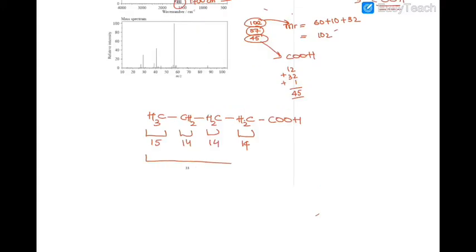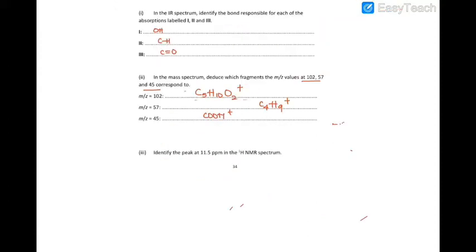If we add these together, we get 57. So the peak at 57 might be because of CH3, CH2, CH2, CH2. These are the different fragments responsible for these peaks.